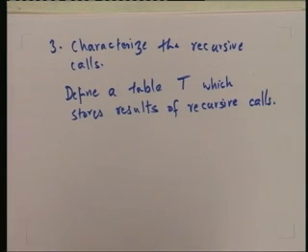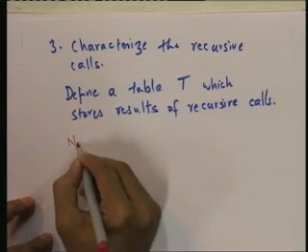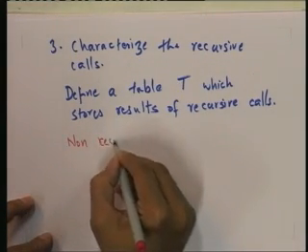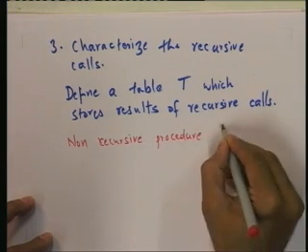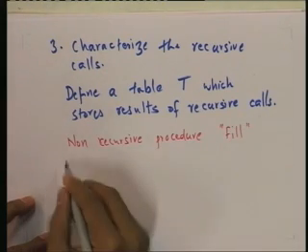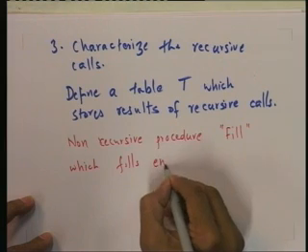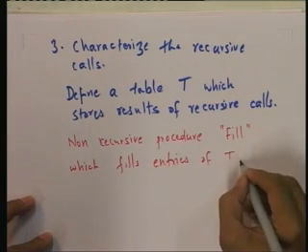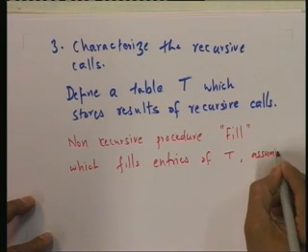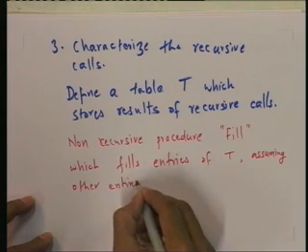Now, here comes an important switch. Now we are going to ask that we should write a non-recursive procedure and this I am going to call fill, which fills entries of T, okay, assuming other entries are already filled.